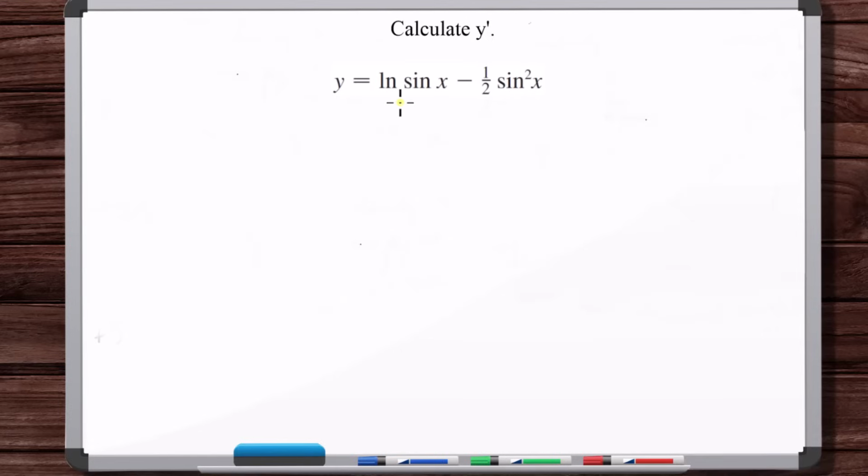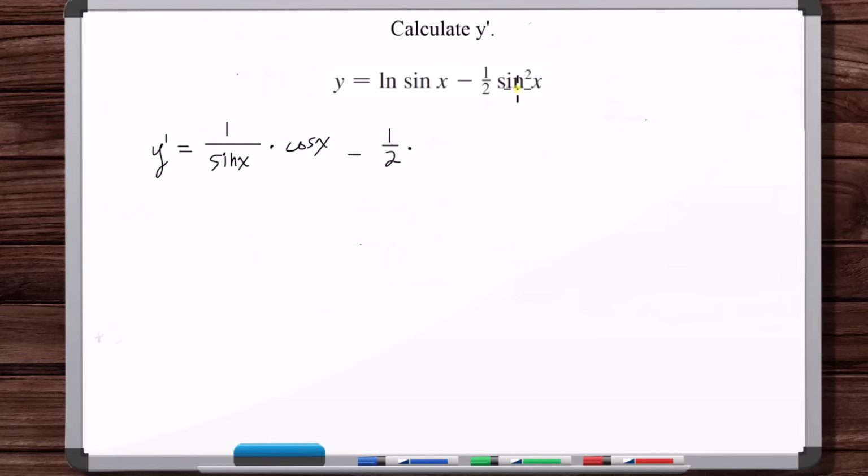Okay, so we can just get this derivative by itself and then this derivative by itself and just add, use the sum and difference rule. So chain rule here, what is the derivative of natural log of something? 1 over that something times the derivative of that something. Derivative of sine of x is cosine of x. Okay, minus 1/2 times, what is the derivative of sine squared of x?